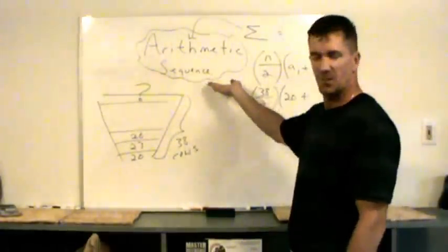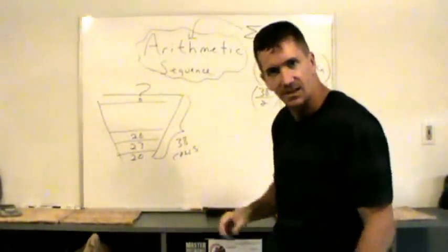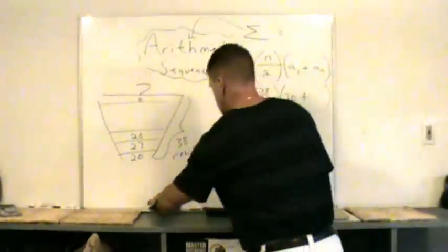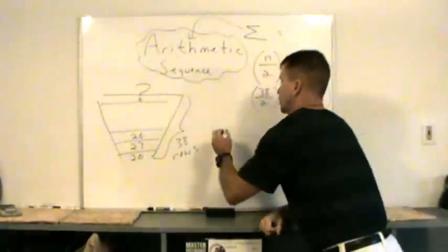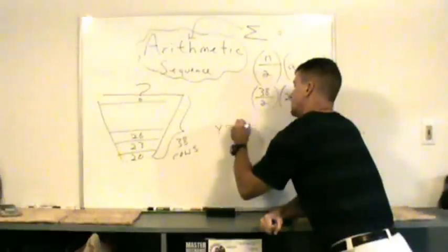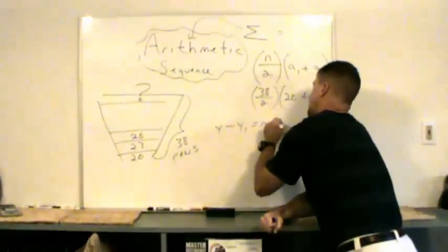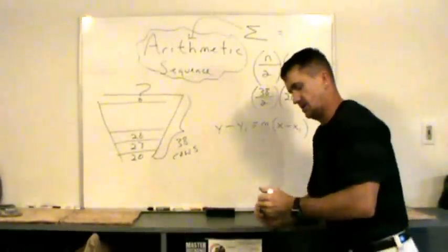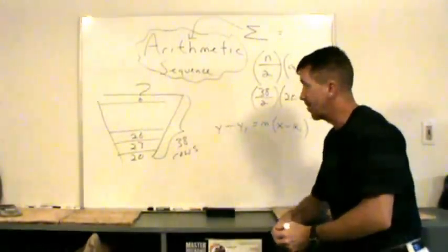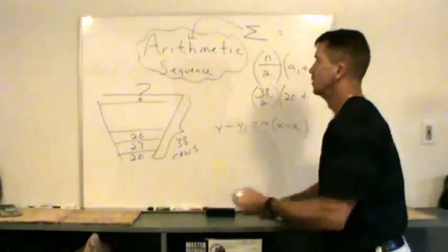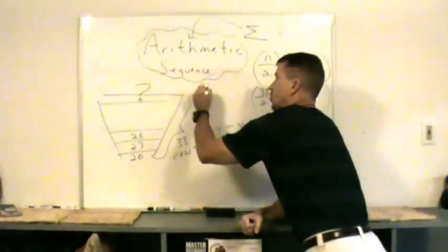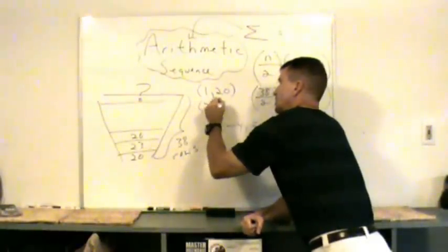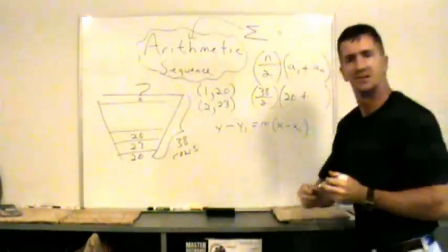Recall that an arithmetic sequence is like a linear function, just a bunch of dots. So we can use the linear equation, y minus y sub 1 equals m times x minus x sub 1. This is the point-slope form of a linear equation. I've got 2 points. In row 1, there were 20 seats, and in row 2, there were 23 seats.